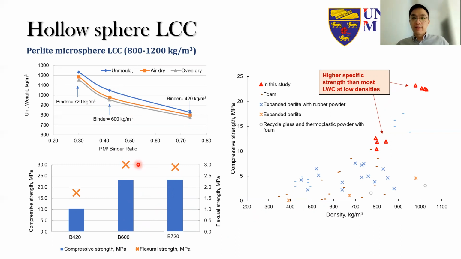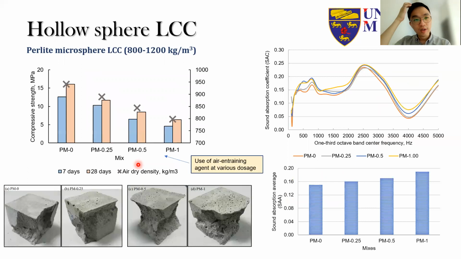There should be a certain threshold where this kind of hollow sphere can be used to a stage that a more substantial reduction in strength will be observed. We think that a density of about 1,000 kg per cubic meter would be most ideal, because we still get a good amount of strength above 20 MPa, and we maintain the density around 1,000.